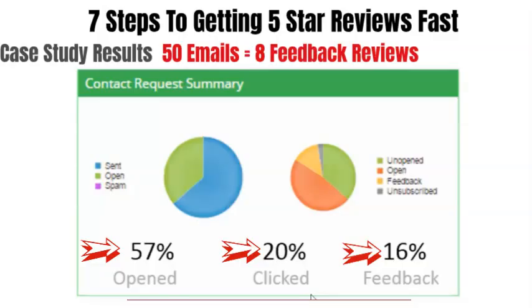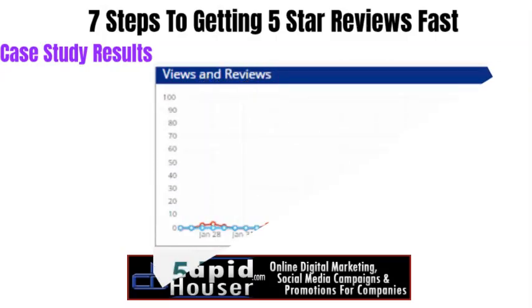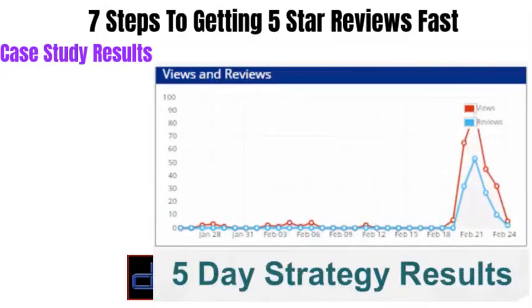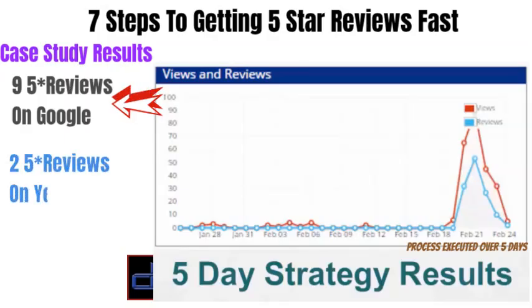This is a 5-day strategy, which again resulted in 9 5-star reviews on Google and 2 5-star reviews on Yelp. You can see this is what we did last year, and we can see the views and the reviews that we got there.